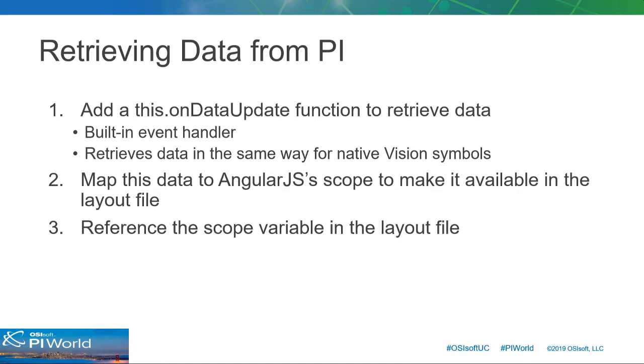When we use it, it's the exact same function that PyVision symbols built by our own developers use to get data for their own symbols. We're going to use that to get PyData for a tag, and map that to an AngularJS scope variable to make it available in the layout file. Then we do that same kind of referencing of the scope variable in the template file to actually display that data for the tag.